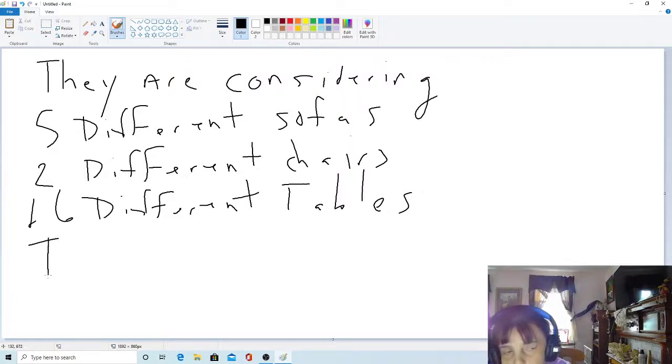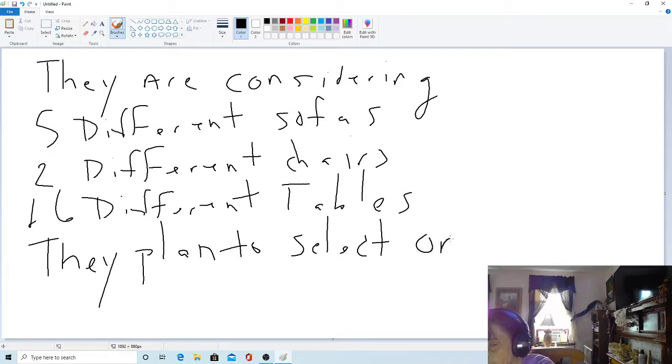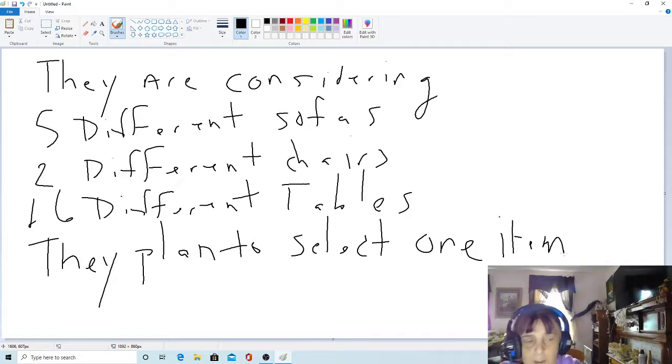They plan to select one item from each category.